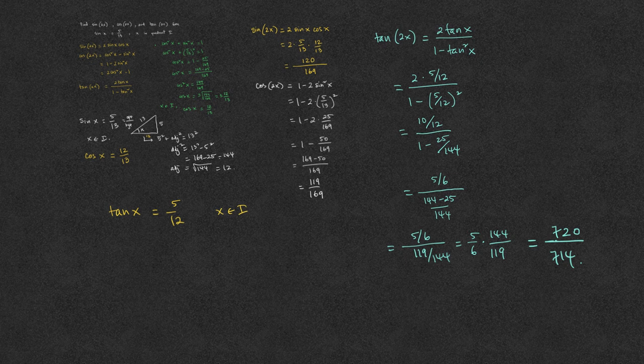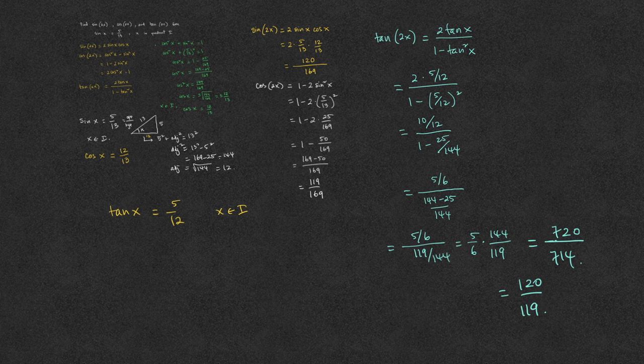We can simplify this further by reducing the fraction. 720 over 714 is 120 over 119.